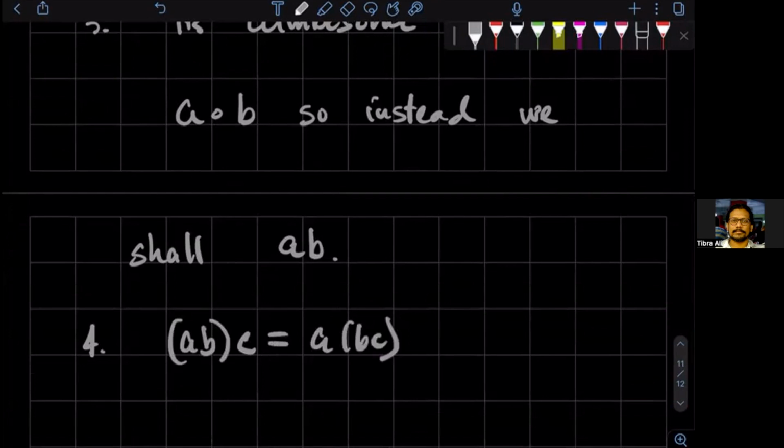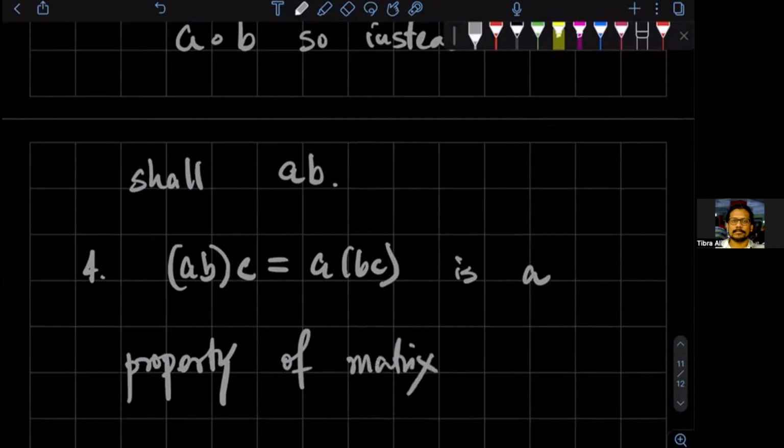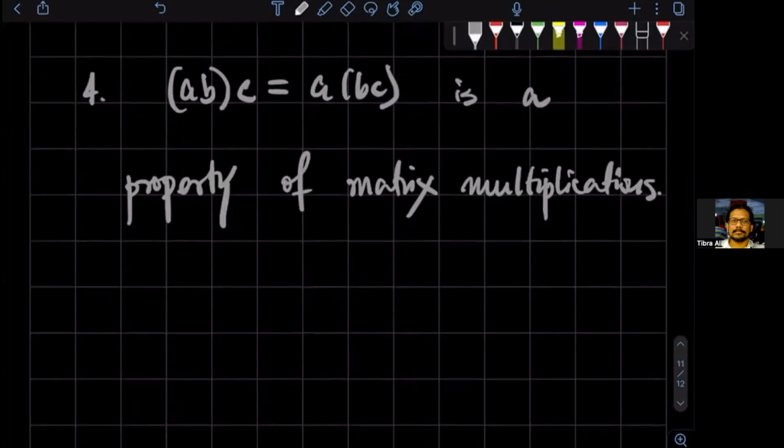This is a property of matrix multiplications, okay? And indeed, groups and matrices are very deeply connected. The fact that matrix multiplication is also associative makes it a natural way to realize groups.